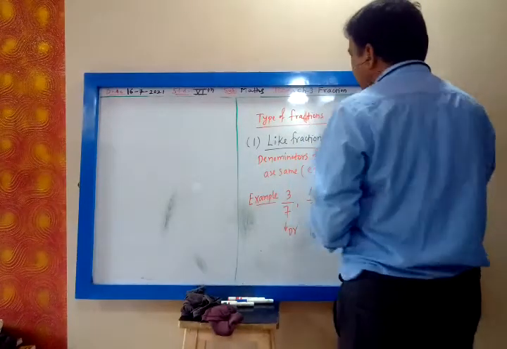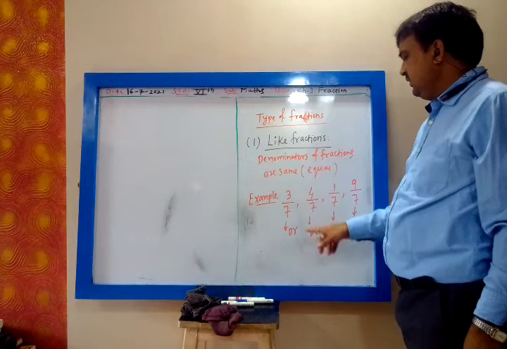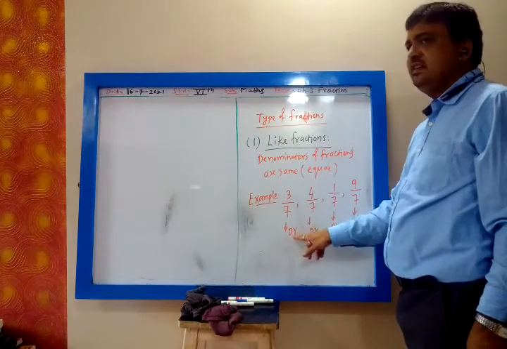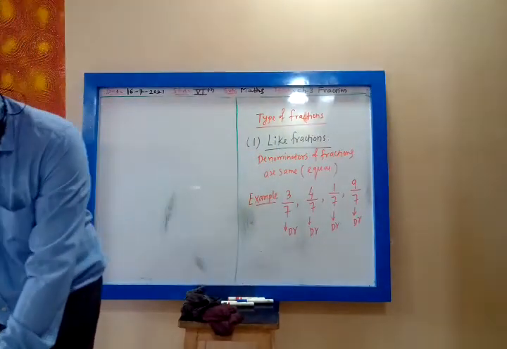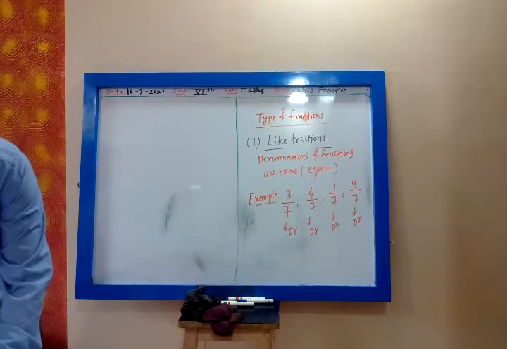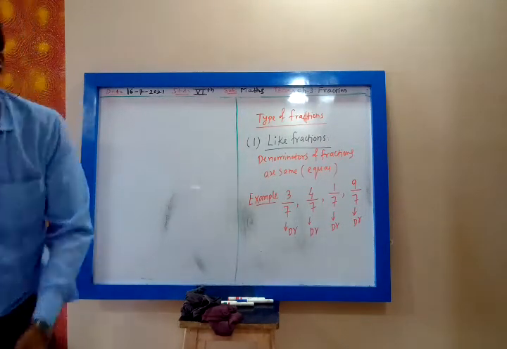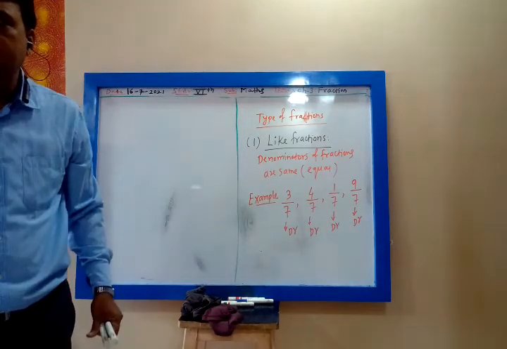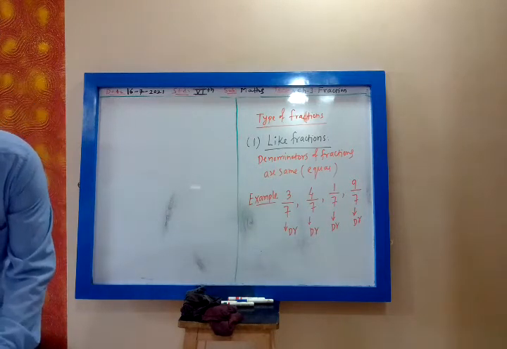In 7 upon, 7 is the denominator. So whenever denominators are equal, the fractions are like fractions.